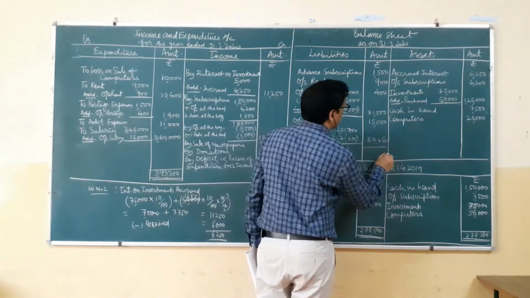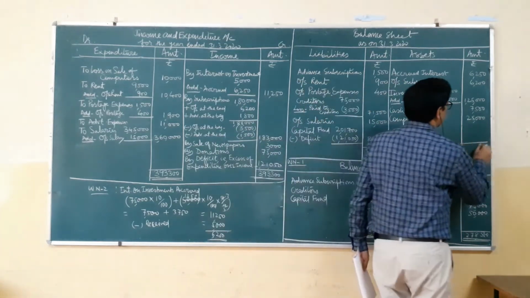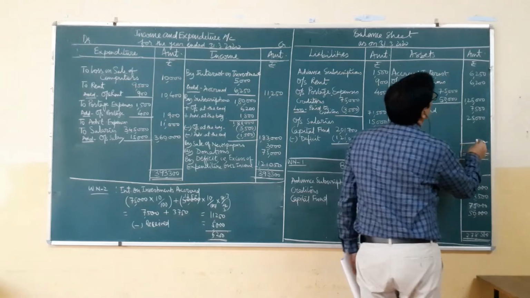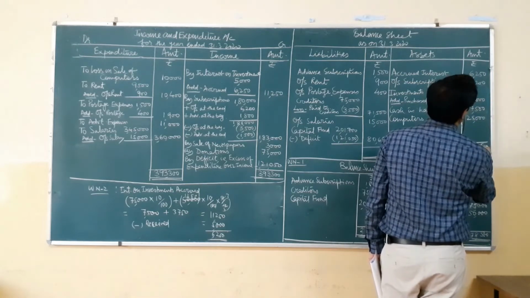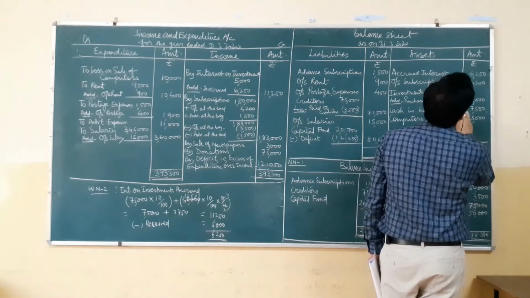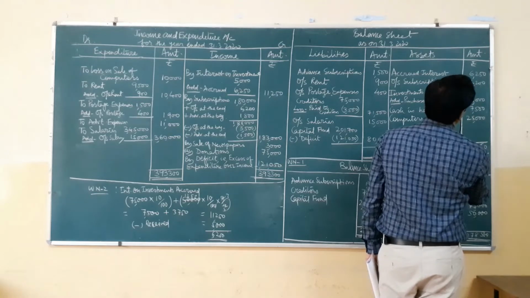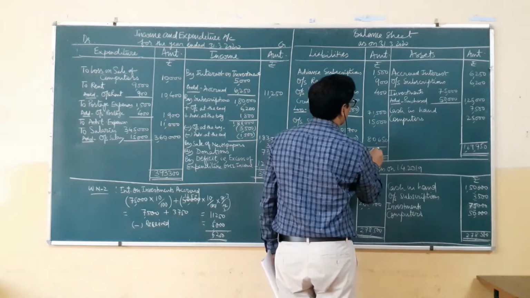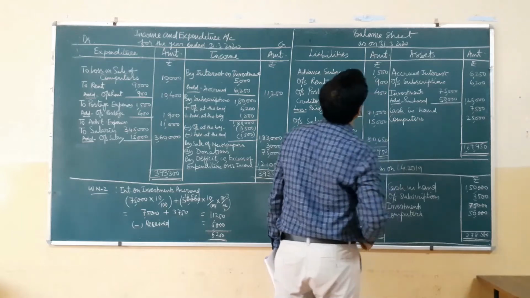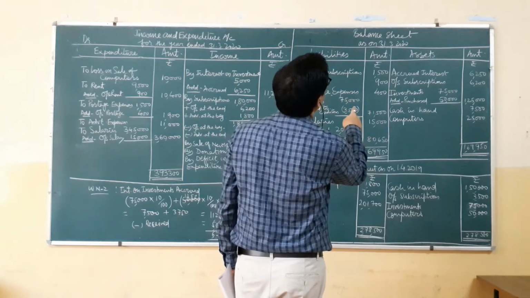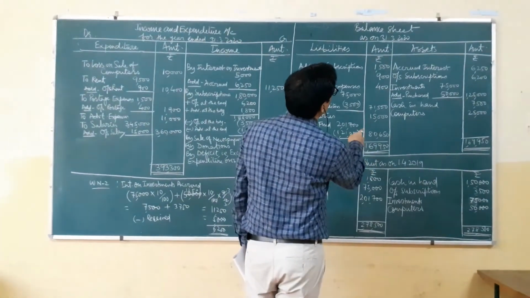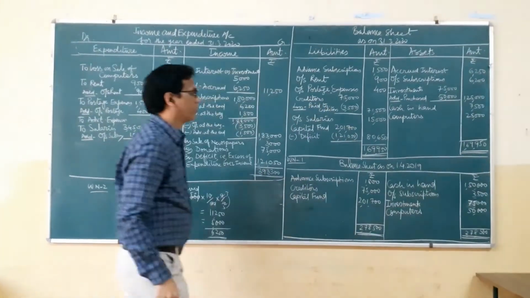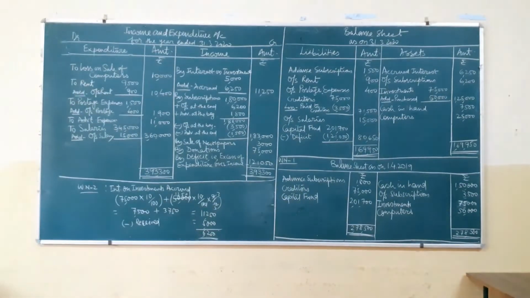So take the total of both the sides. It is 169,900. Okay, so check. This is the solution.